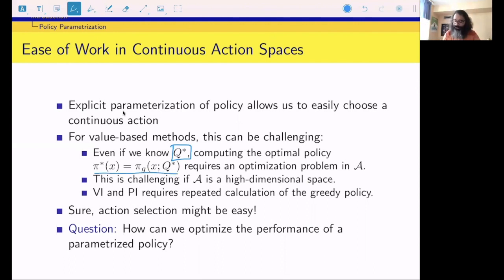But in order to compute the greedy policy, we need to compute the argmax over actions, which are, for example, m-dimensional, of whatever Q of s and a that we have. So here we have to solve a maximization problem in a continuous domain. And if this continuous domain is high dimensional, solving it might be difficult. It is a continuous optimization problem.